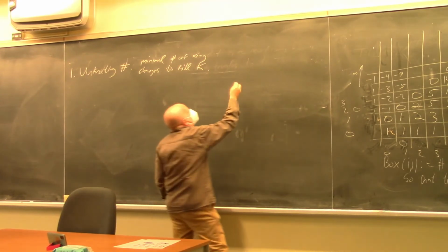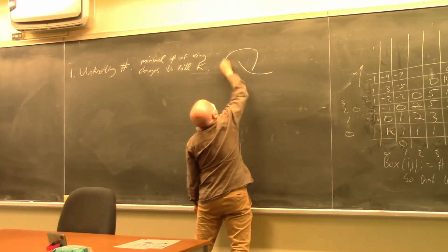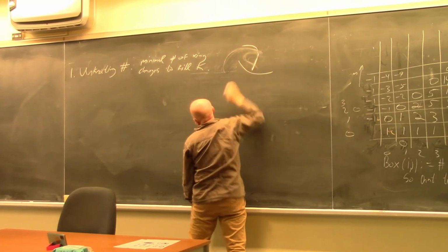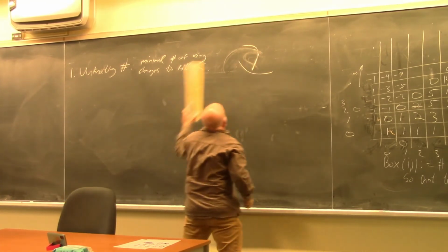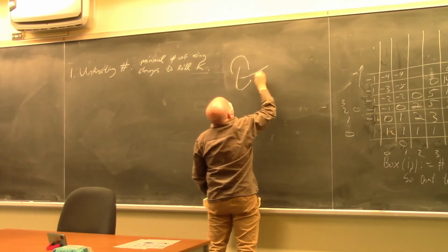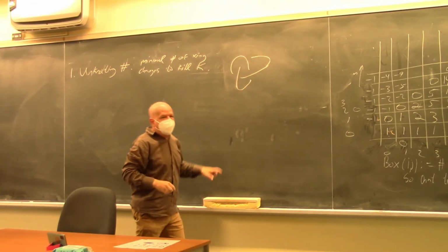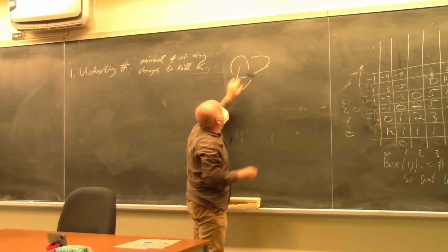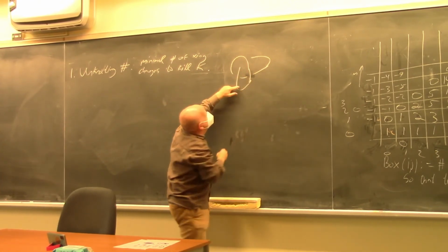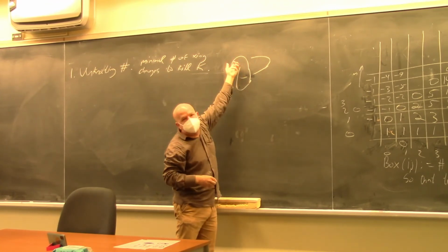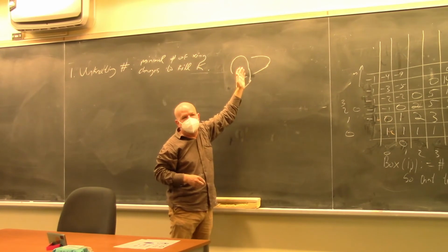So for example, if you look at the trefoil knot, then if you flip any one of the crossings, so let's flip this crossing, now it's the unknot, right? This pulls out and twists and it's the unknot.